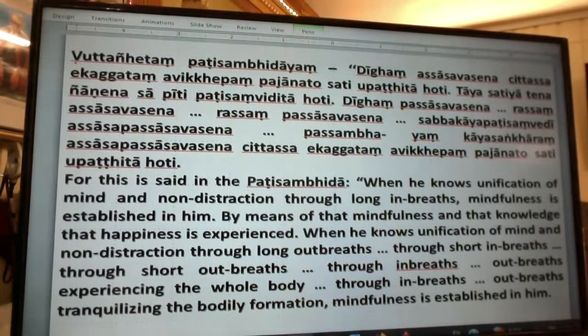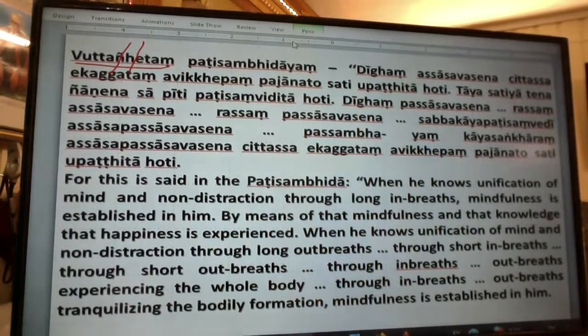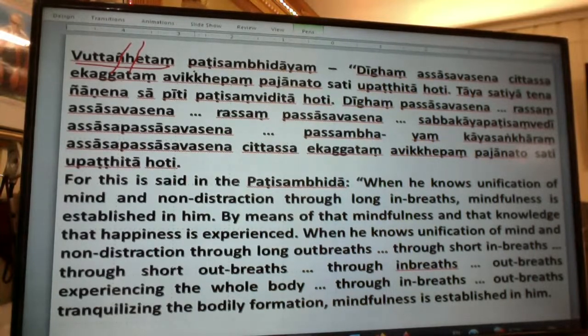Vuttam hetam, vuttam hetam. Three words combined: vuttam is said, hi, it is true, etam, that. That kind of Pali was spoken by the Buddha. Where? In the Patisambhida. Patisambhida Pali is good to learn.